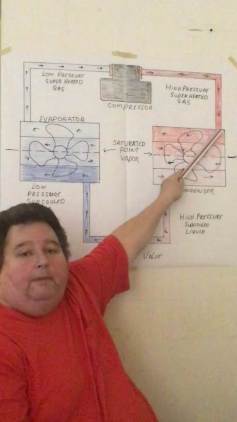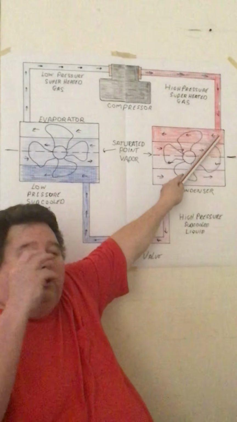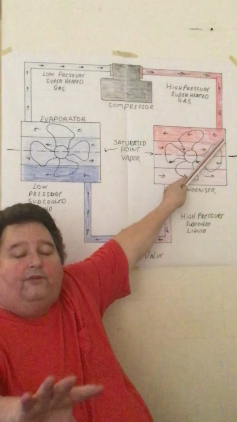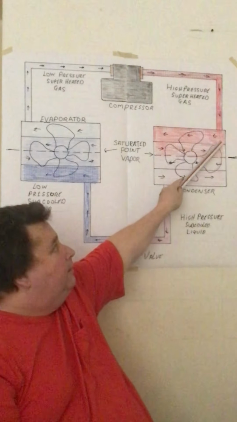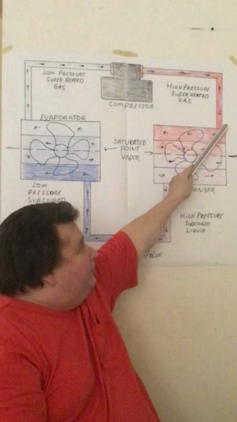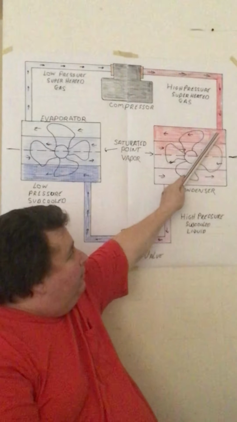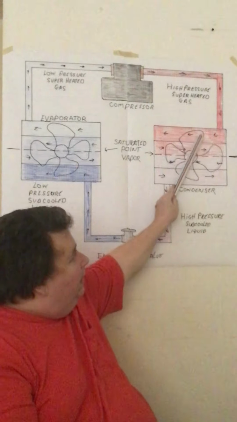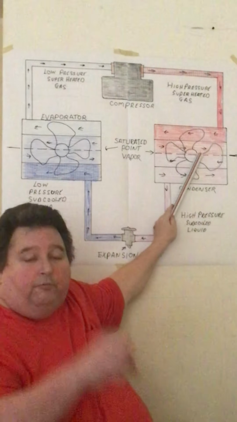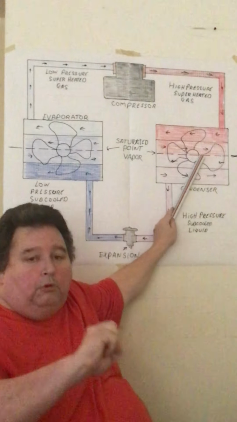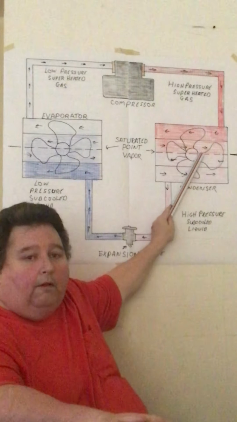Now the condenser's main purpose is to remove unwanted heat out of the refrigerant. So it comes through the condenser, and there's a fan, a mechanical means, blowing air across the coil.